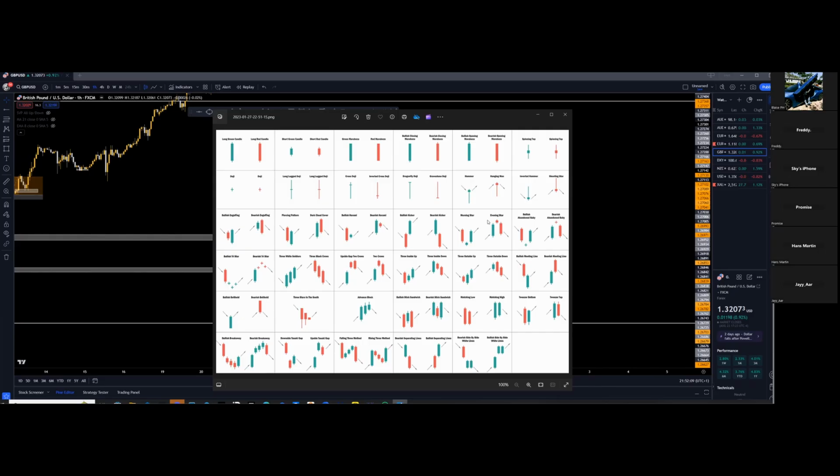It's a two candlestick pattern. So if you want to take a screenshot of this, you can, because you will need this. This is all those that tell you indecision, moments of seeing indecision.